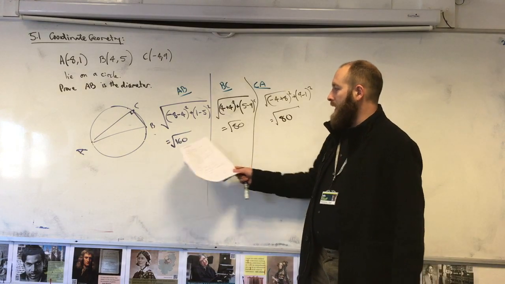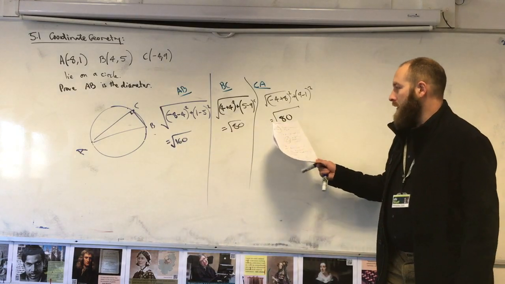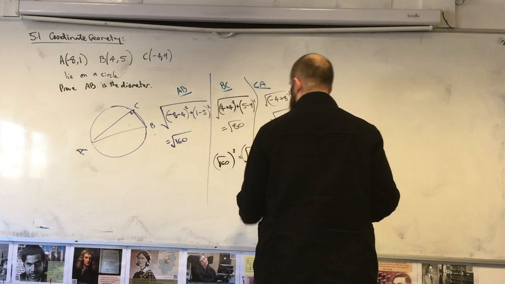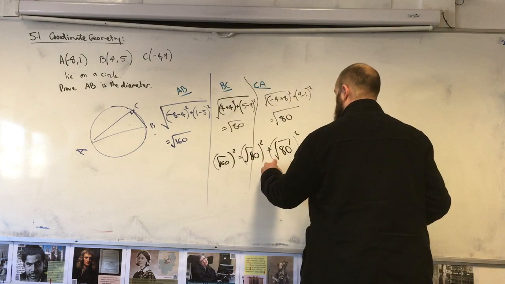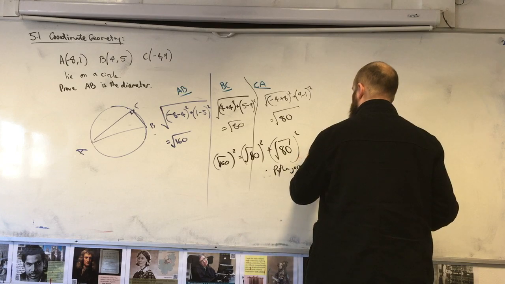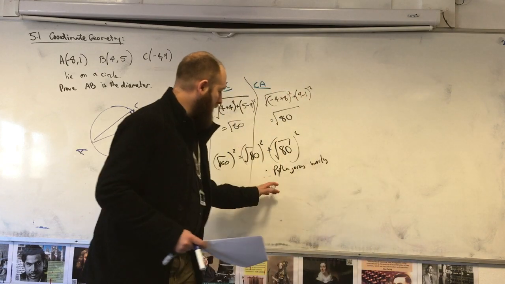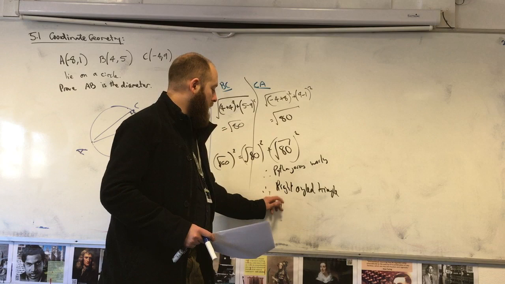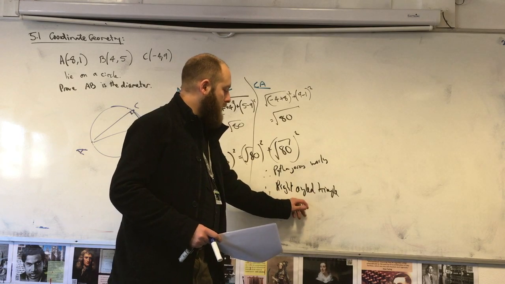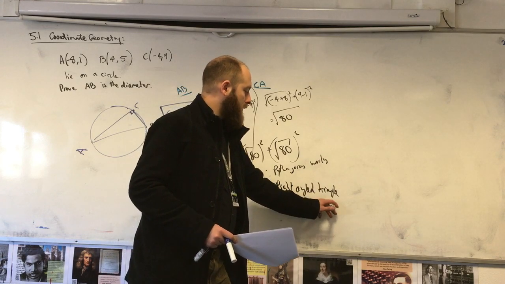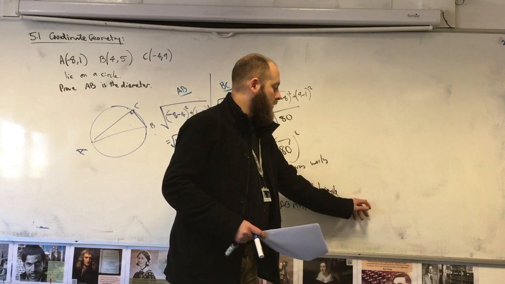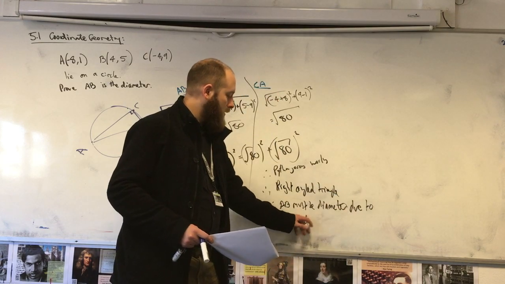Well, yes, that squared does equal that squared plus that squared. So we can say therefore Pythagoras works, therefore right angle triangle, therefore AB must be the diameter due to the circle theorem.